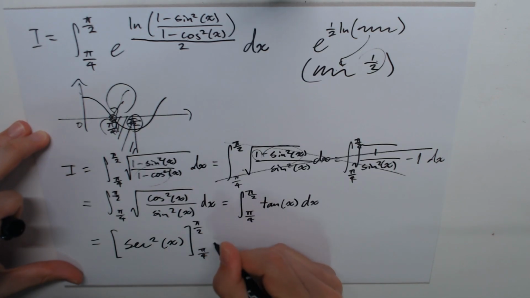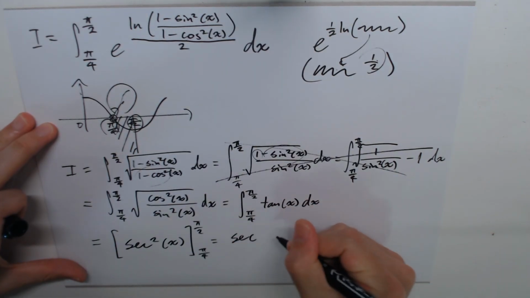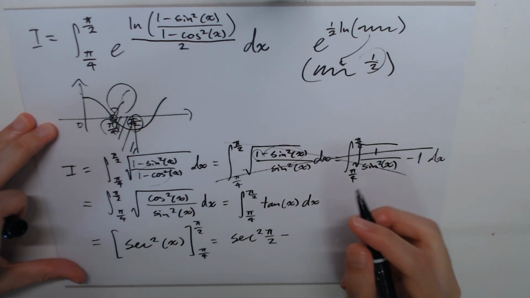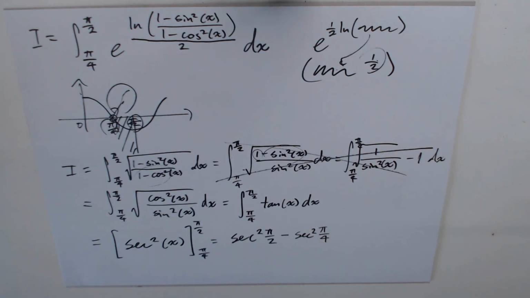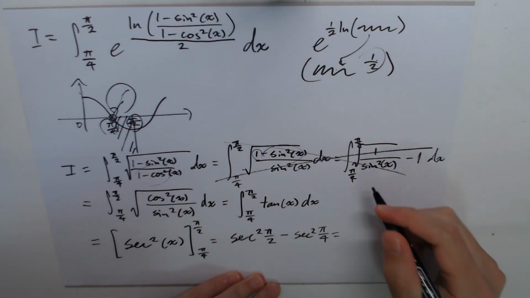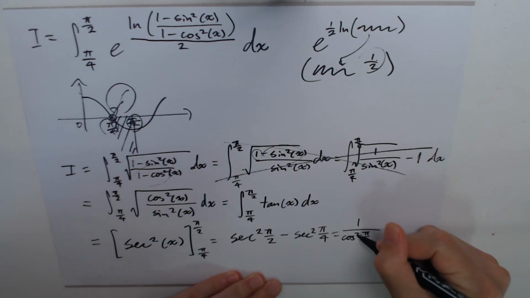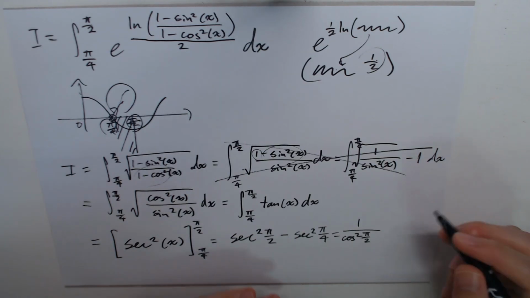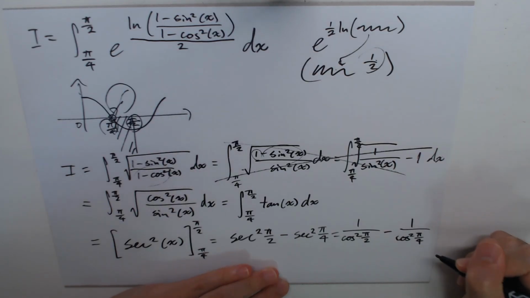So we just say secant squared pi over 2 minus secant squared pi over 4, which is, okay, I guess we'll just try to actually solve this normally, by hand. 1 over cosine squared pi over 2, minus 1 over cosine squared pi over 4.